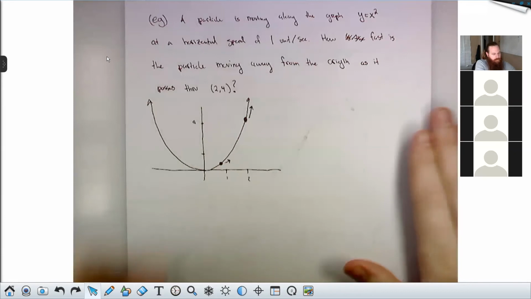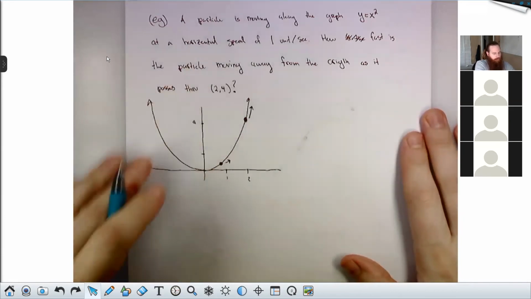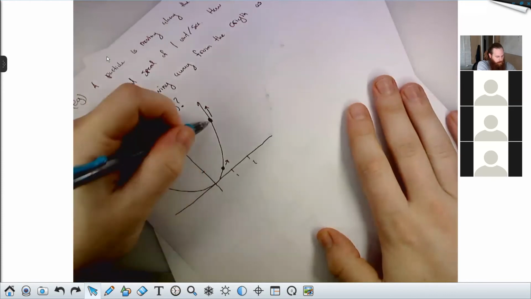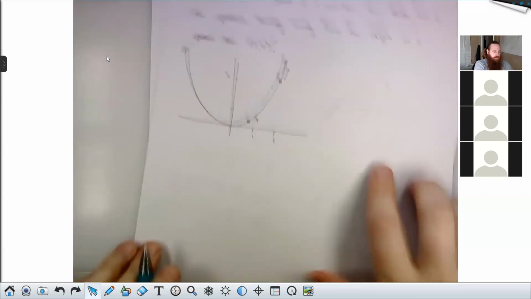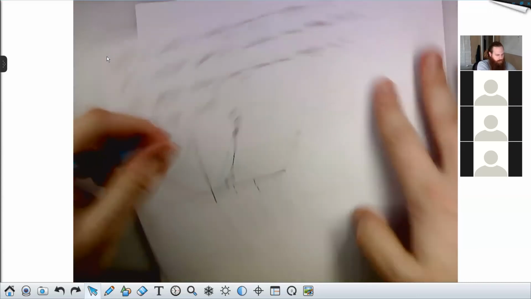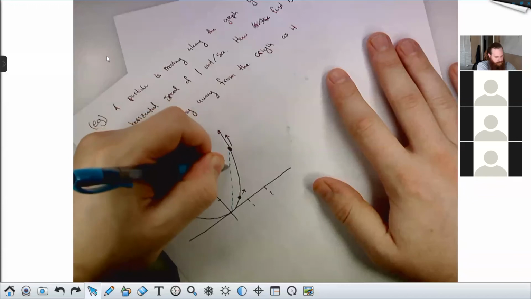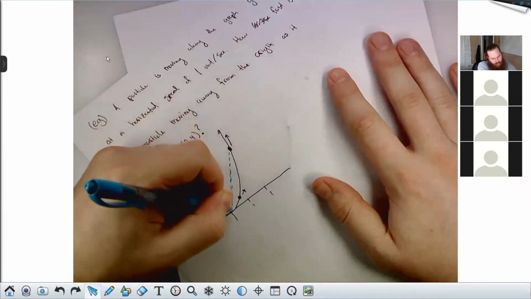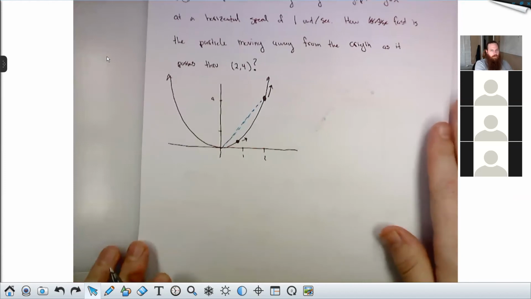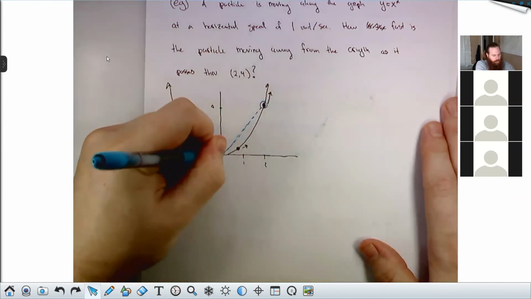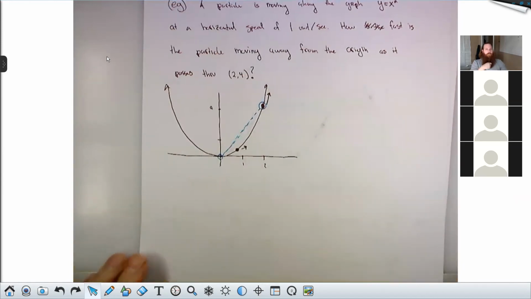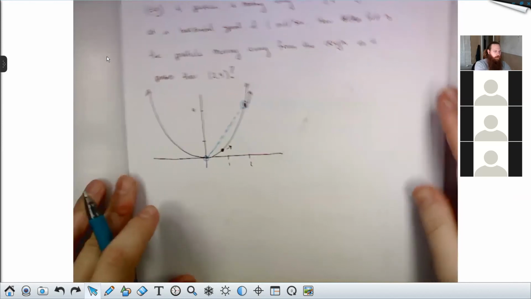I want to know, as I pass through this point, how is this distance changing? The distance from my particle to the origin. So the straight line distance from my particle to the origin, how is that distance changing as the particle moves away?